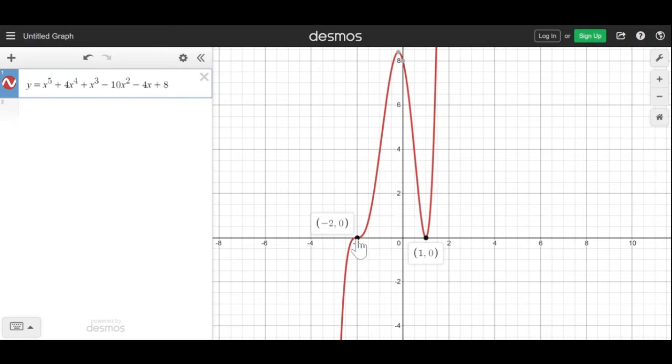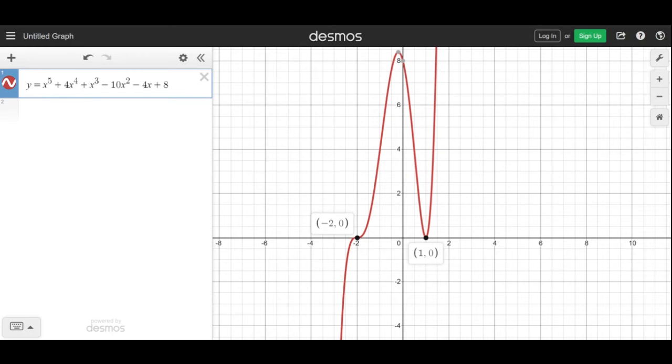Let's see how many turning points we have. We have 1 over here, and 2, and 3 when it goes down. 3 turning points, and then the 4th. This is the 4th turning point. So a total of 4 turning points, that's 5 minus 1. So we applied that formula also.